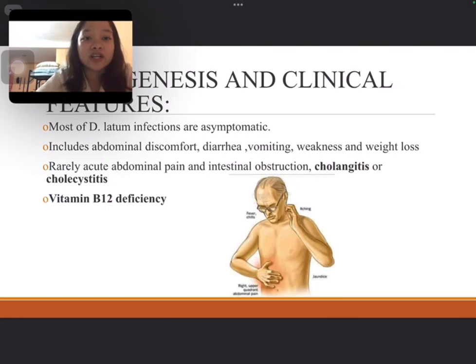The other symptoms caused by D. latum manifest as gastrointestinal symptoms, and rarely acute abdominal pain and intestinal obstruction, cholangitis, or cholecystitis. And a potential complication is vitamin B12 deficiency.